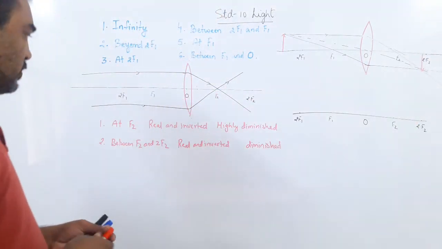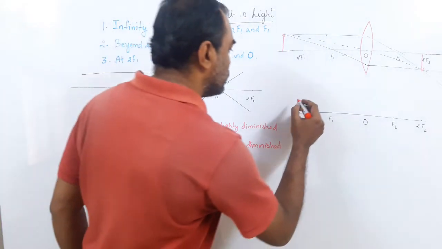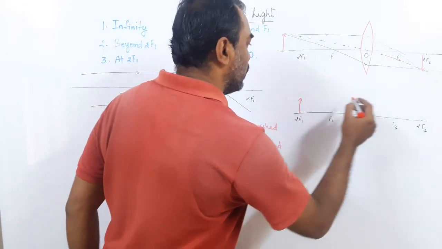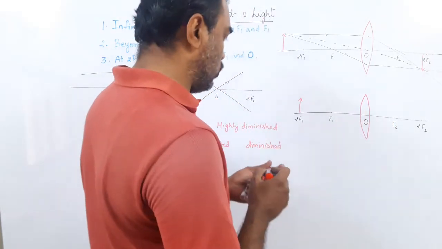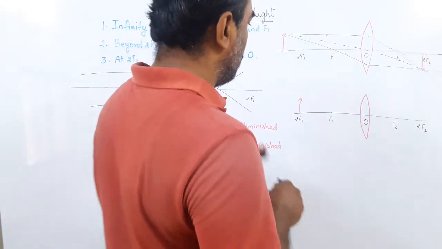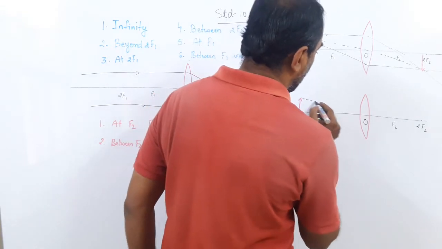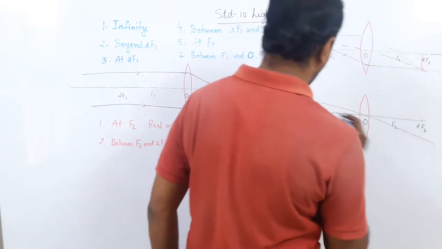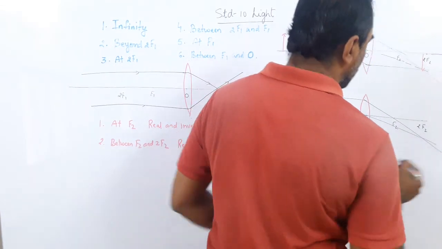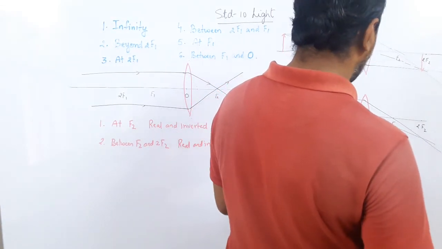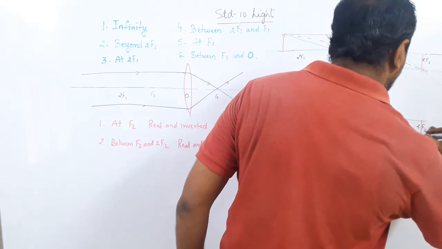Now, third case. At 2F1. Exactly at 2F1. What happens exactly at 2F1? If you pass through O, it will go straight, and when you draw parallel, you should get your image exactly at 2F2.